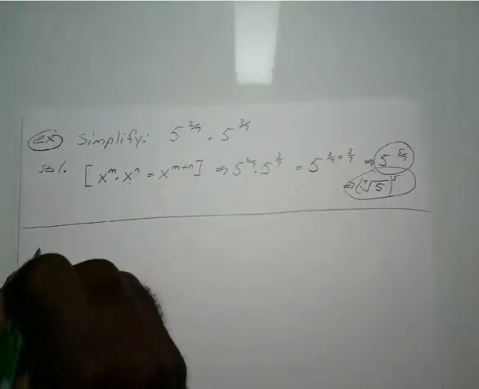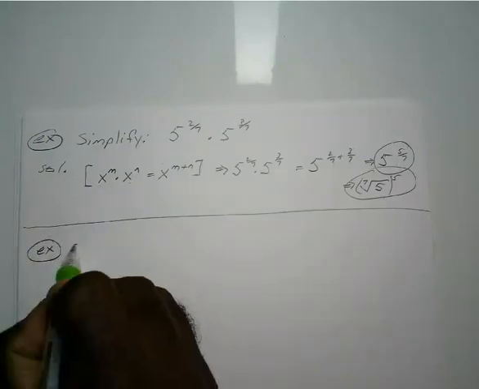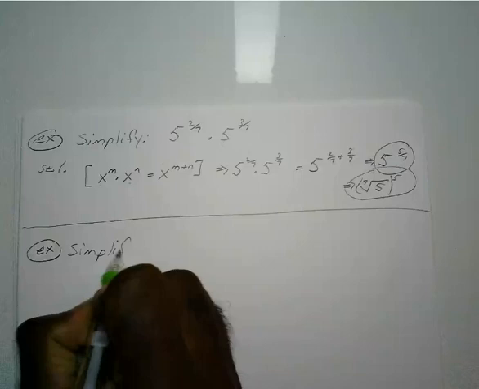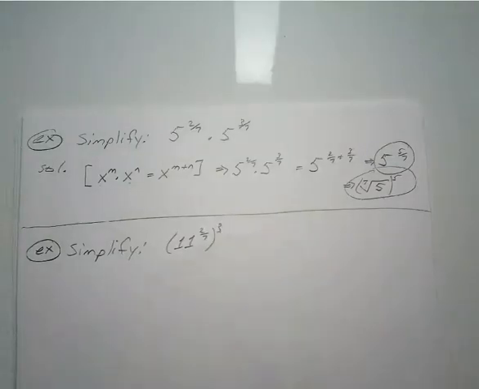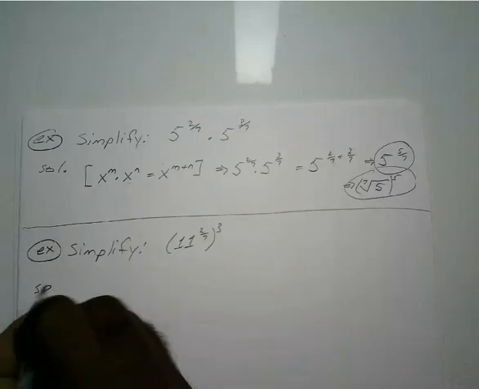So let's say, for example, we wanted to simplify 11 to the 2/7 power, and that whole thing raised to the 3rd power. Just like before, we're going to look at our rules for exponents and see which one applies here.